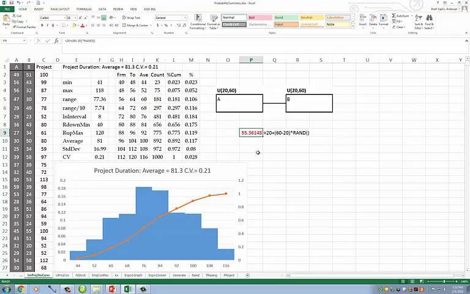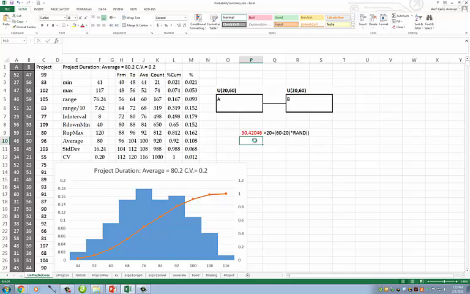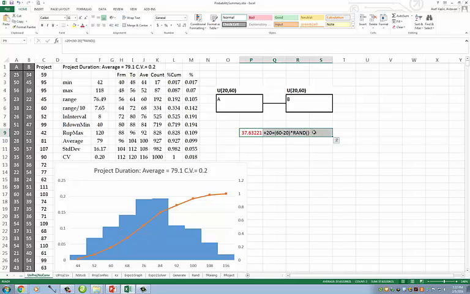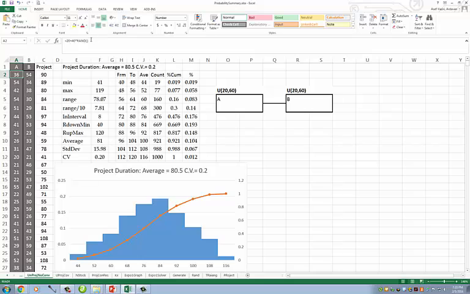Therefore, each time I click, a number between 20 and 60 is generated. So I type equals 20 plus the gap between 60 and 20, which is 40, multiplied by RAND.